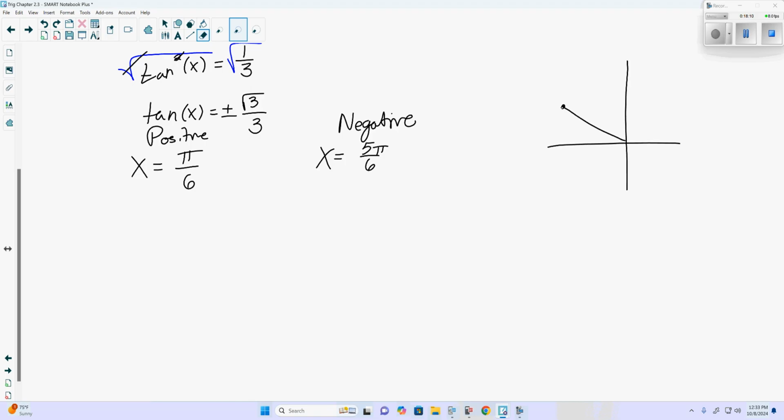And I'm just going to draw this in so we can see it. You don't have to write this out. Because the point is negative square root of 3 over 2, comma 1/2. Sine's 1/2. Cosine's negative square root of 3 over 2. And if we do calculate this out, we do get negative square root of 3 over 3.